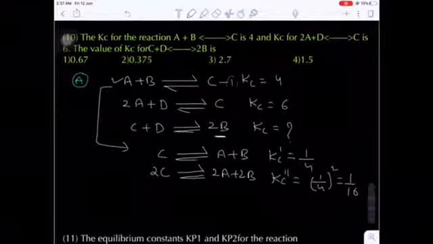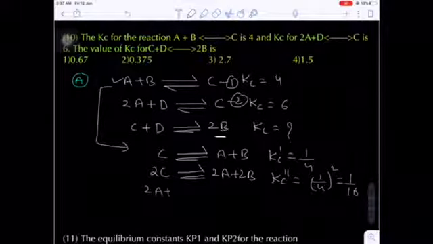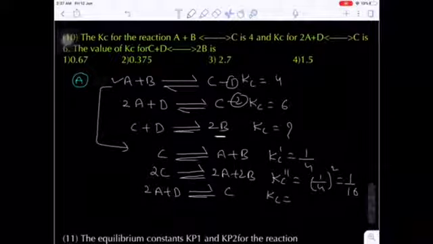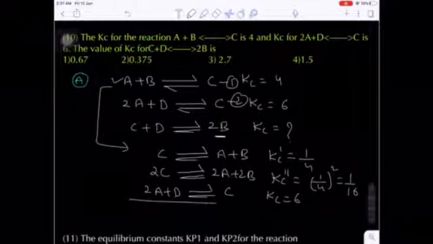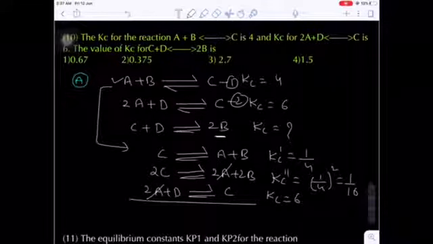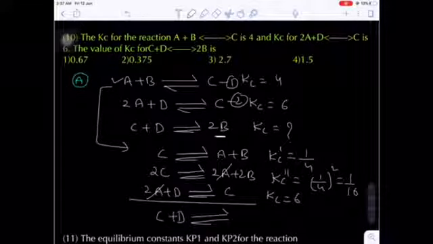Now come to equation 2. This is equation 1, this is equation 2. Now what is equation 2? 2A plus D equilibrium C. What is the equilibrium constant here? Kc value 6. Now if you add these two, 2A gets cancelled. Out of 2C, 1C will be remaining and D will be remaining on the left hand side.